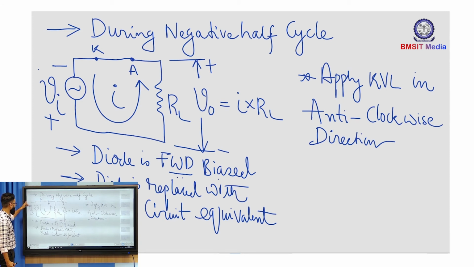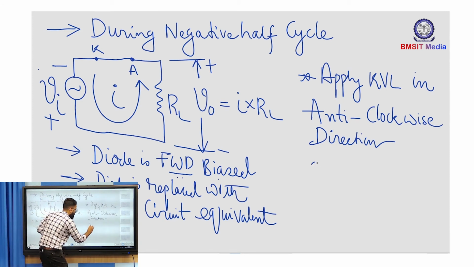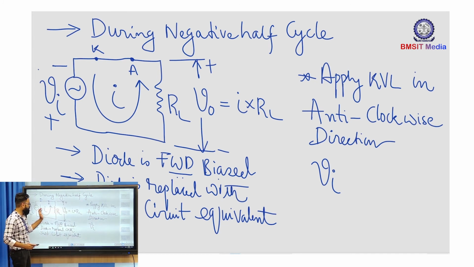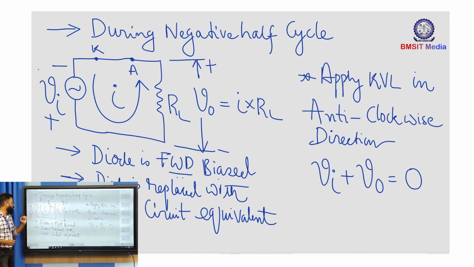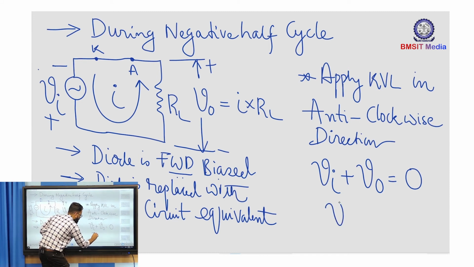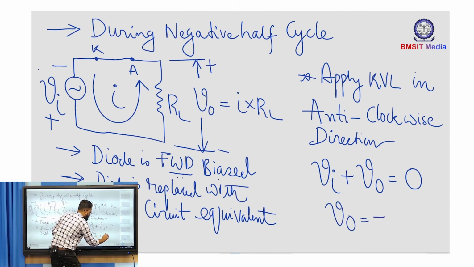So minus to plus, it is Vi, and look at the output polarity, again minus to plus, so plus V naught is equal to 0, right? There are only two voltages, the input voltage and the output voltage, so the output voltage V naught is equal to minus Vi.